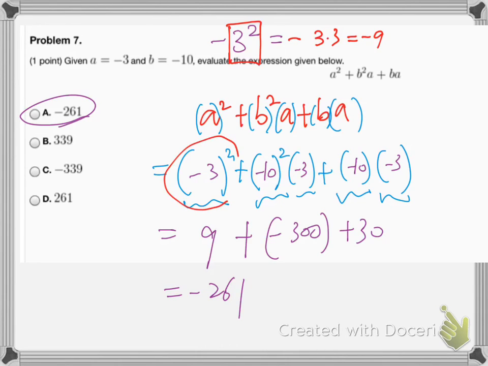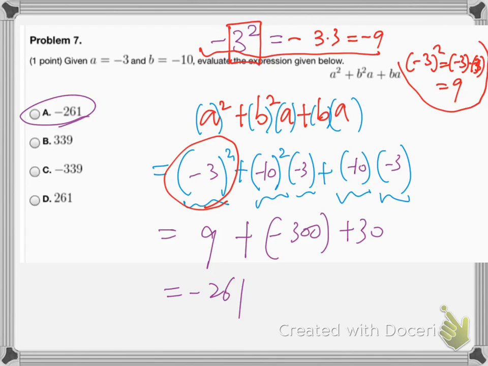So you won't get +9. If there are parentheses, we got -3 squared in the parentheses, so -3 is repeating, and negative times negative is +9. So without parentheses, the negative sign is not repeating. With parentheses, the negative sign is repeating.